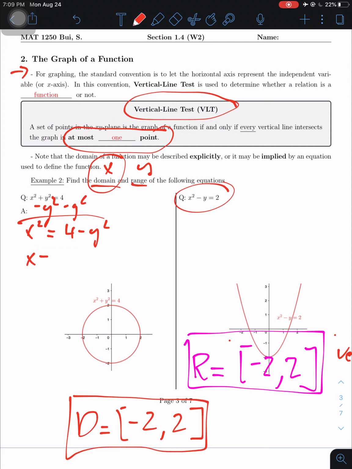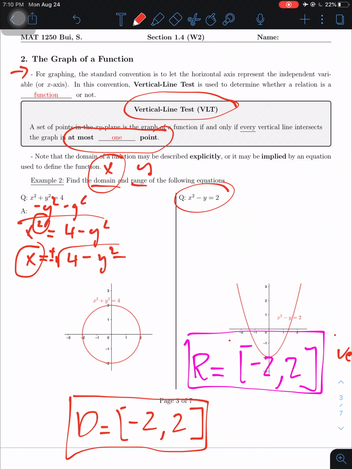Okay, and then we're going to have x equals the square root of 4 minus y squared. But wait, this is wrong, because there's a square, so that means I have to attach plus and minus right there. Okay, so now you have to ask yourself what x values would make sense in here.